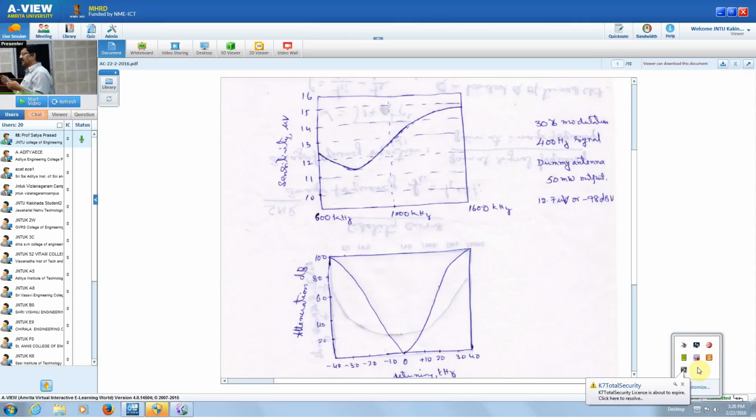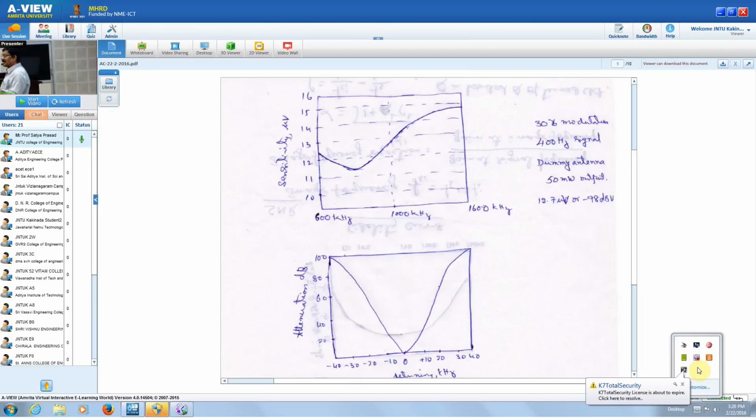But when maintain the system, start with 30%.